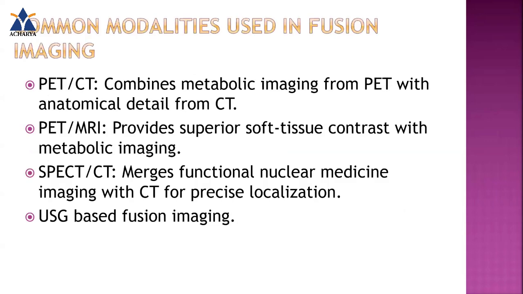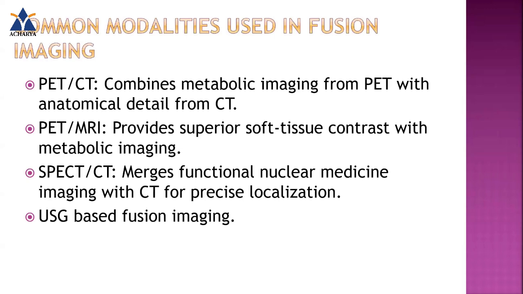The common modalities where we are getting the fused or hybrid images, those in practice now, are PET CT, PET MRI, SPECT CT, and nowadays ultrasound-based fusion imaging as an emerging technique.